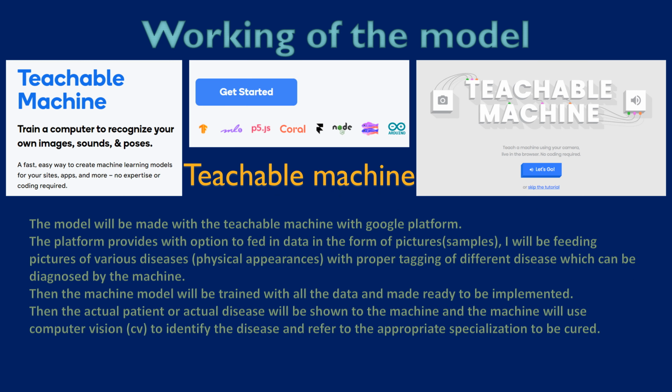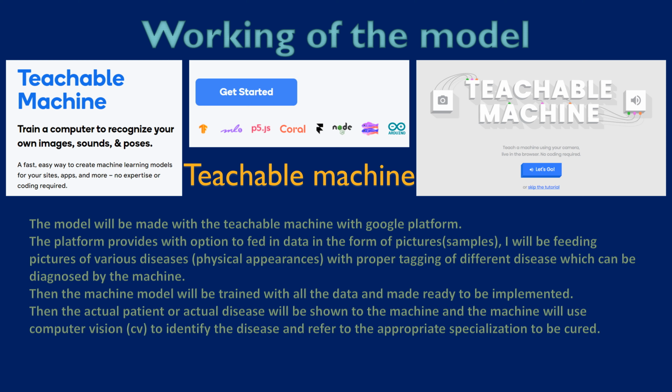My model works on the Teachable Machine with Google platform. The platform provides the option to feed in data in the form of pictures. I'll be feeding pictures of various diseases, the physical appearances of the diseases, with proper tagging of the different diseases which can be diagnosed by the machine.